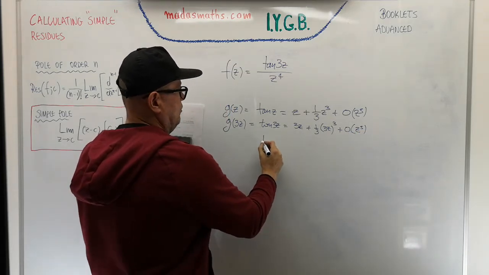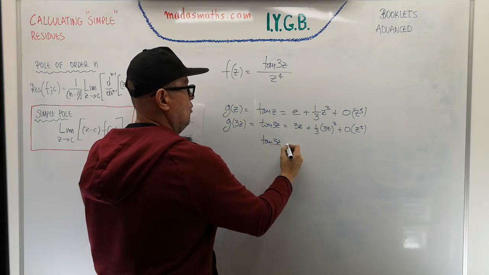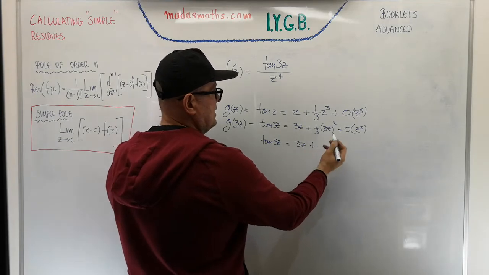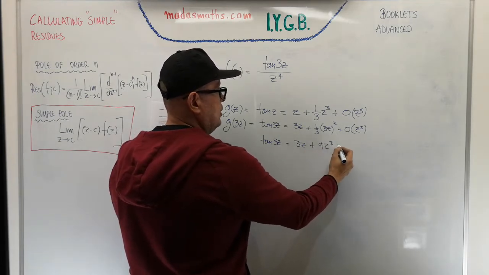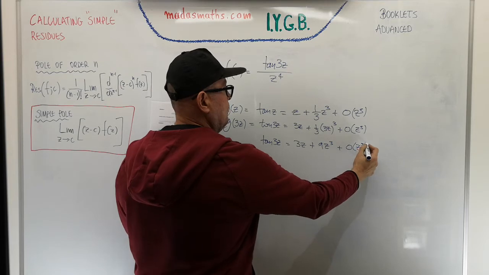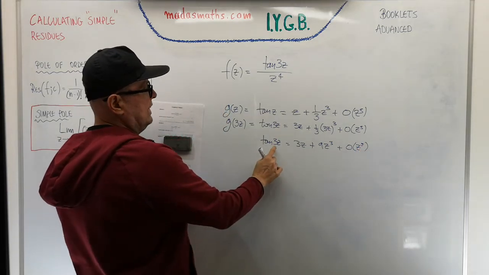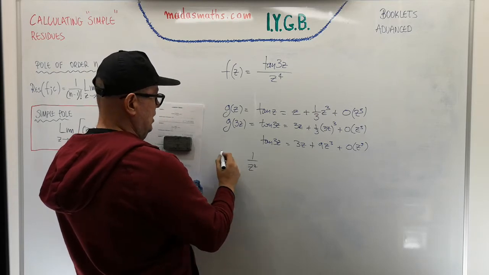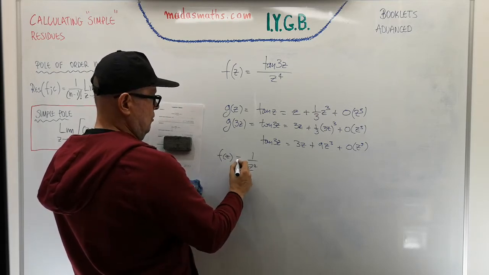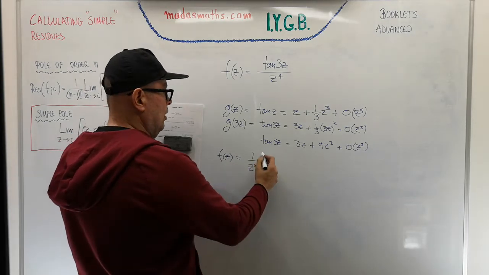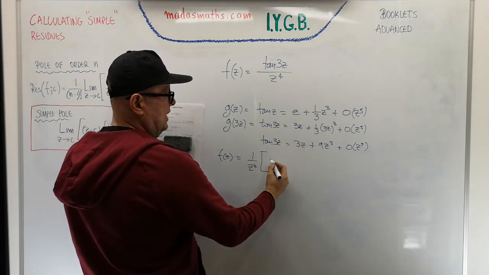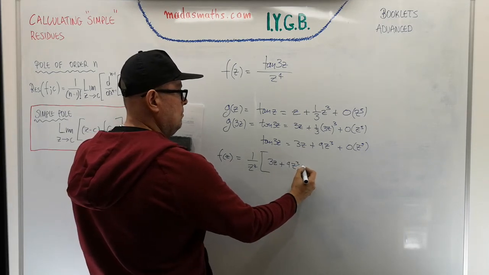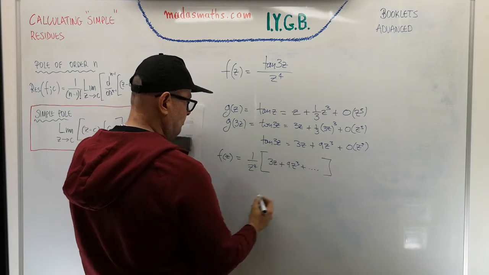So the tan of 3z will be equal to 3z, what's that now, 27 over 3, 9, plus 9z cubed plus higher order terms, and we're nearly done, because of course our function is tan of 3z over z to the 4, so 1 over z to the 4, so that's our f of z. So we got the Laurent expansion basically. It is going to be 1 over z to the 4 times the tan of 3z, which is 3z plus 9z cubed plus dot dot dot if you want.